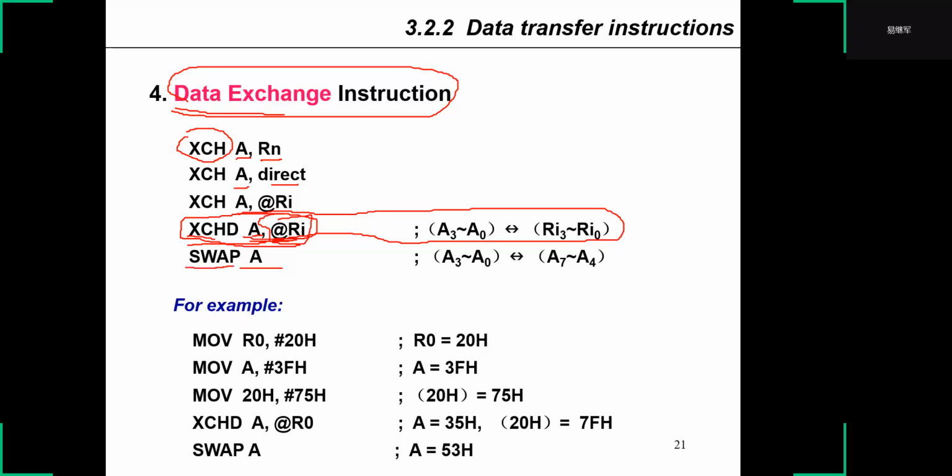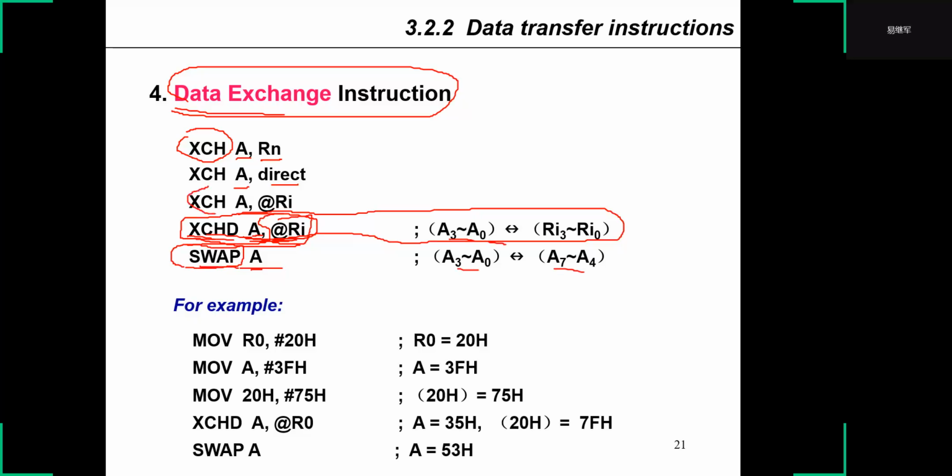This SWAP can exchange, within A, the lower 4 bits and the higher 4 bits.